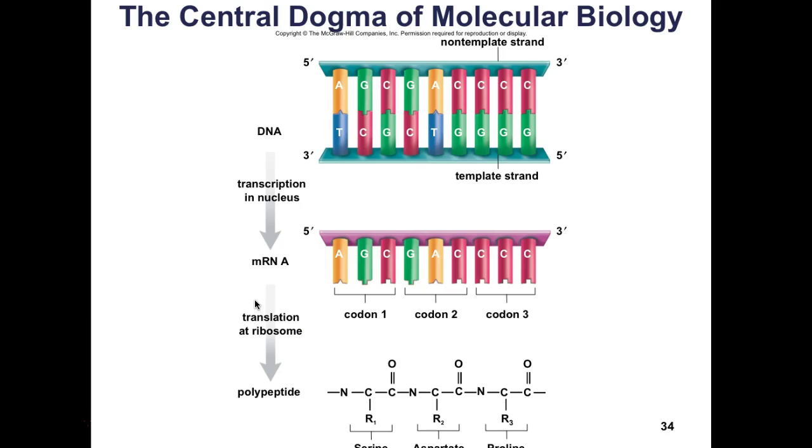Ultimately in translation, that messenger RNA, using the help of 2 other RNA molecules, tRNA and rRNA, is going to determine the amino acid sequence of that polypeptide. In this case, we have serine, aspartate, and proline all coming together to form the building polypeptide.